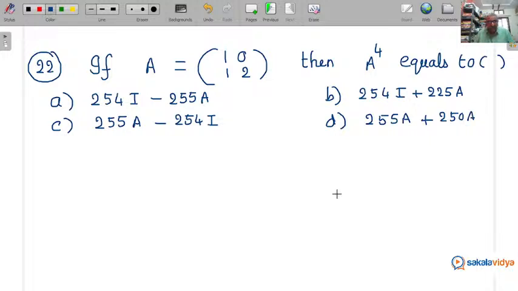So now I will give the super shortcut for this one. What does the super shortcut mean?